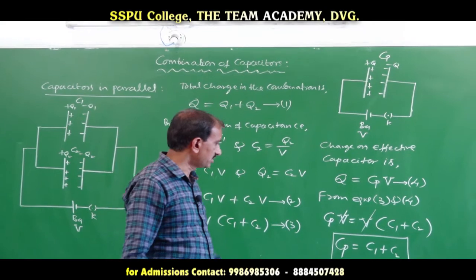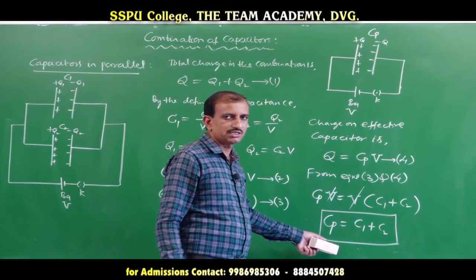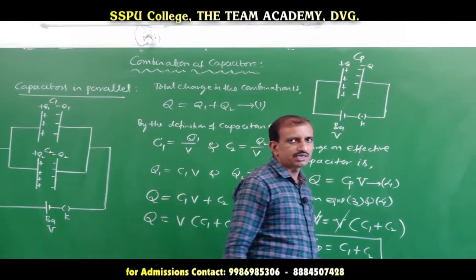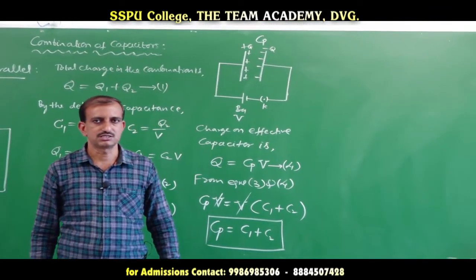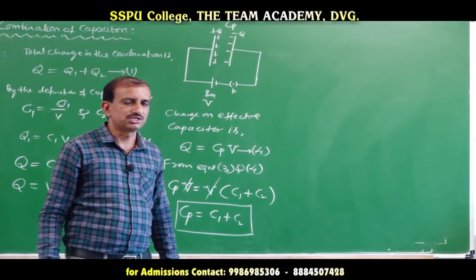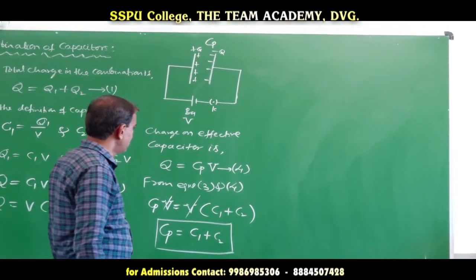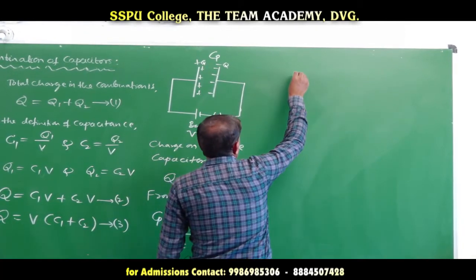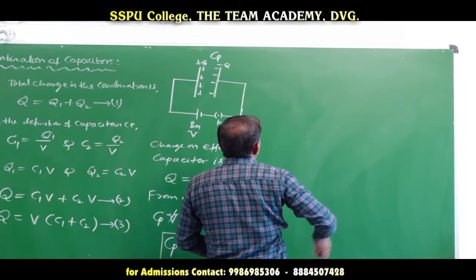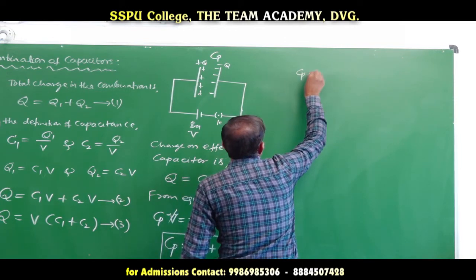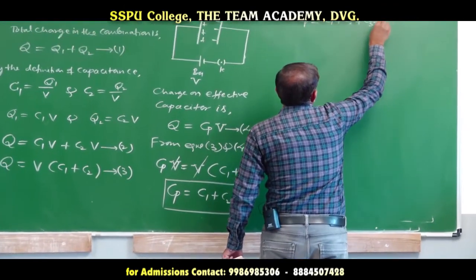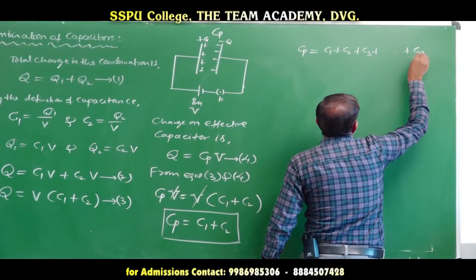The effective capacitance increases when the capacitors are connected in parallel. If there are n number of capacitors, of capacitance C1, C2, C3, etc., Cn connected in parallel, then the effective capacitance Cp is equal to C1 plus C2 plus C3 plus etc. plus Cn.